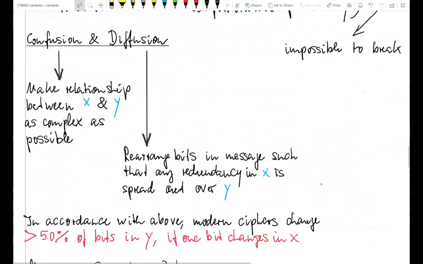Okay, so another idea is confusion and diffusion. We talked about permutations and modes of operation. So an important principle is to exercise confusion and diffusion.